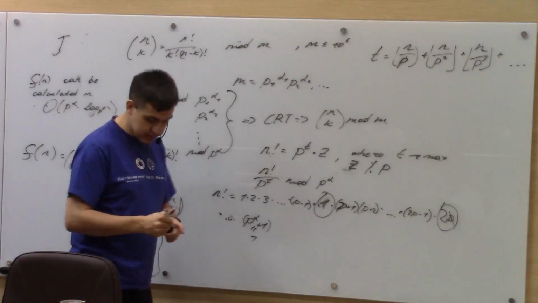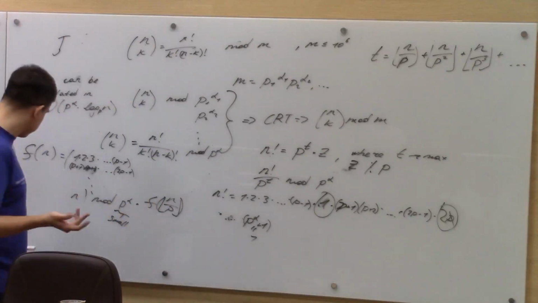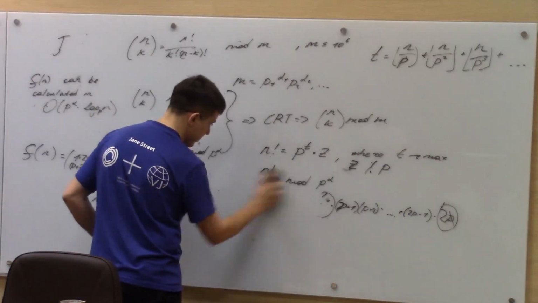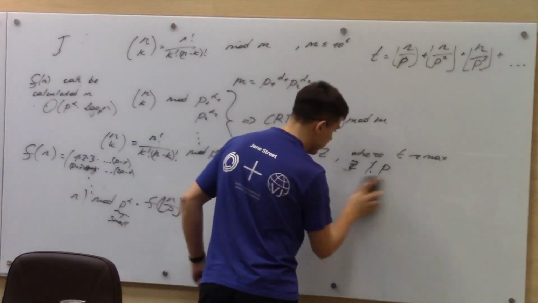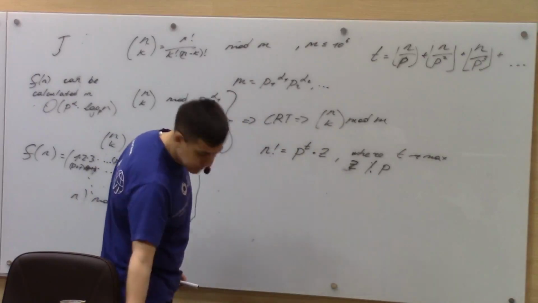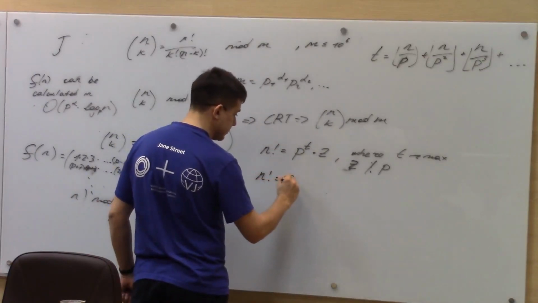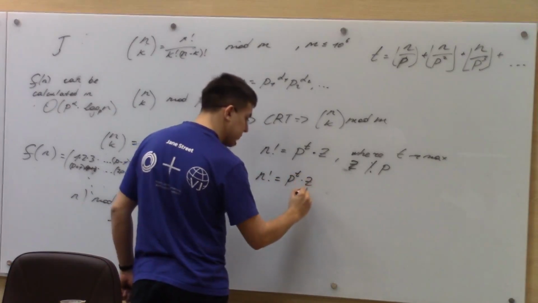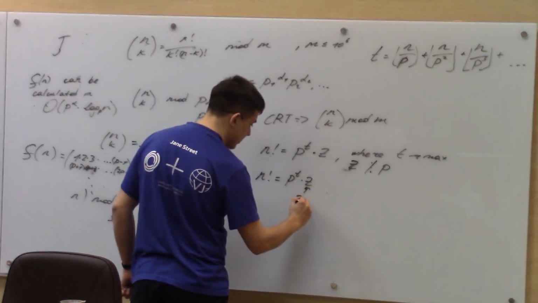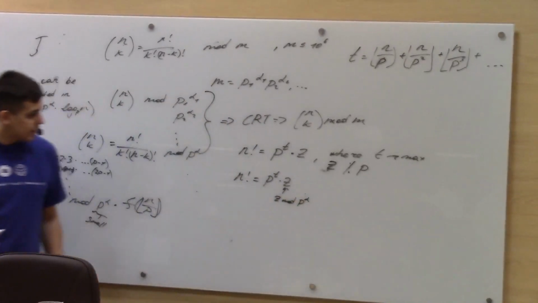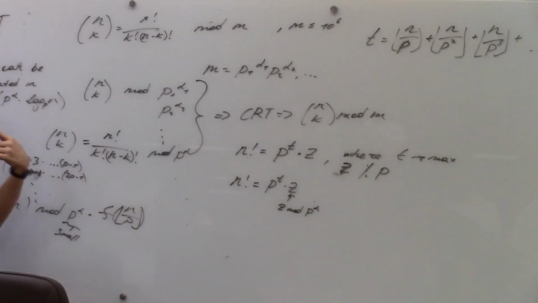So now we know that n factorial is p to the t times z, and we only know z mod p to the power of alpha. Well, now we need to cancel those out, right?